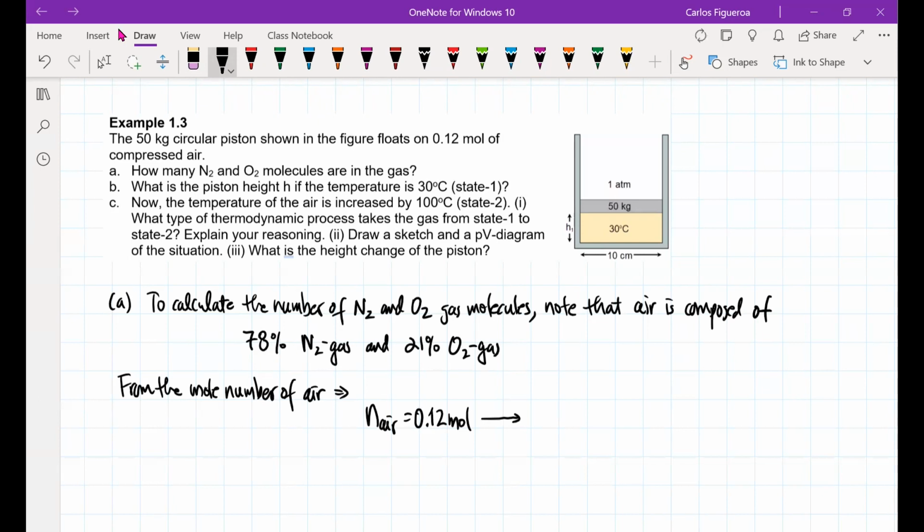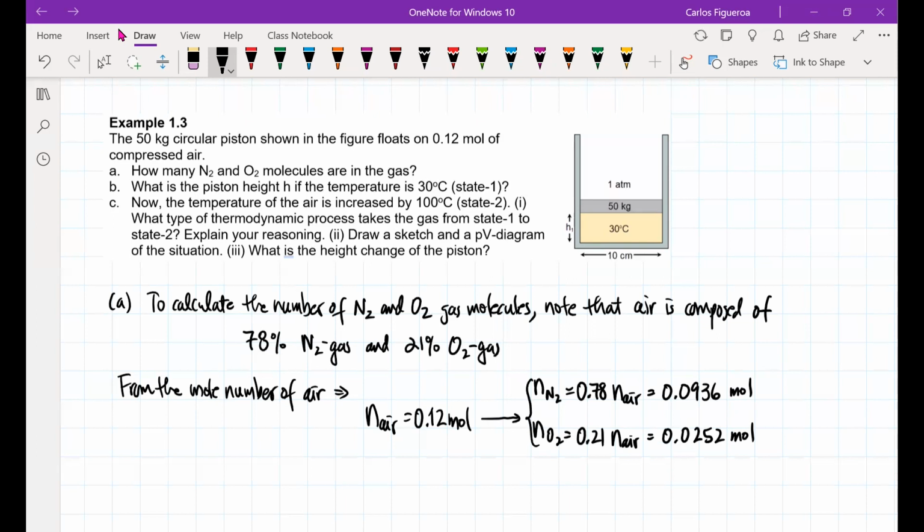So the mole number of nitrogen gas is 78% of that of air, which gives us a value of 0.0936 mole. And the number of O2 moles is 21% of that of air, which gives us a value of 0.0252 moles.